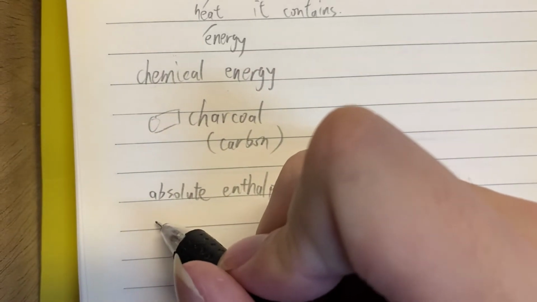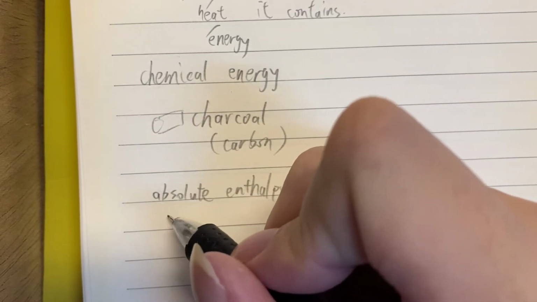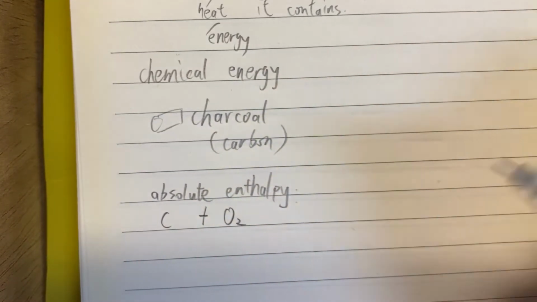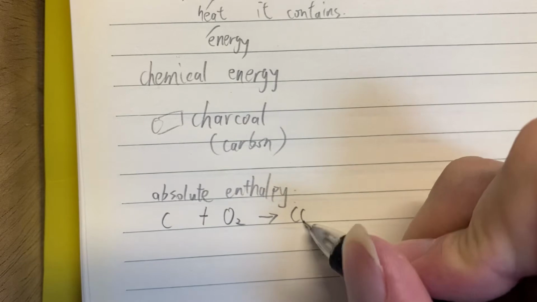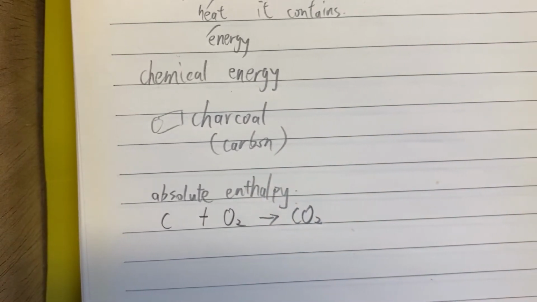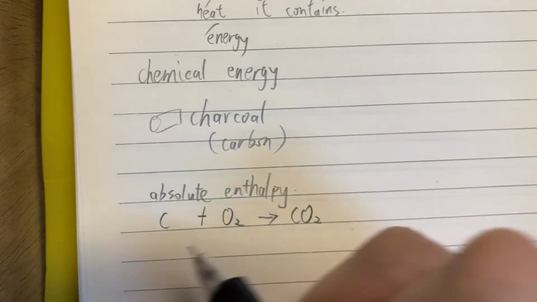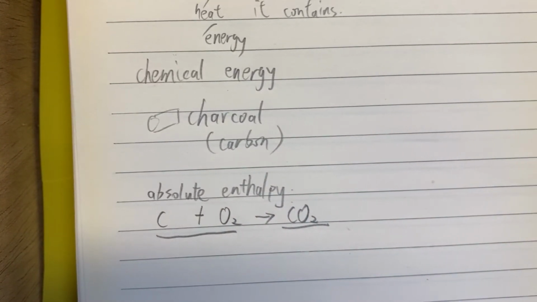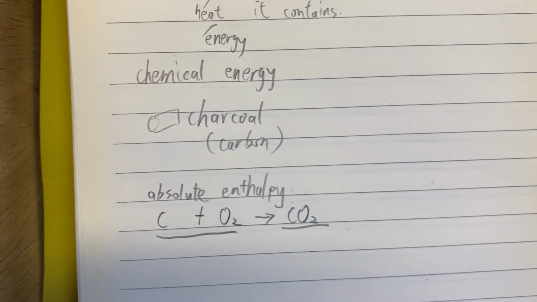You will refer to a chemical reaction, maybe you burn some charcoal in the presence of air, and then it will become CO2. What you can know is that some energy will be released in the process, and you can compare the energy before and after.